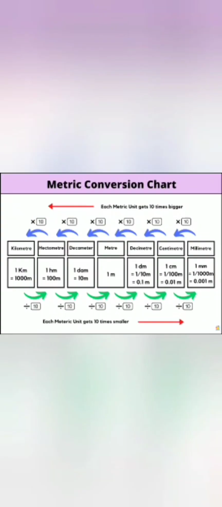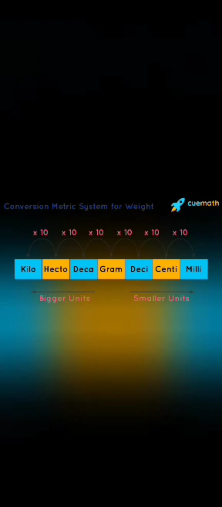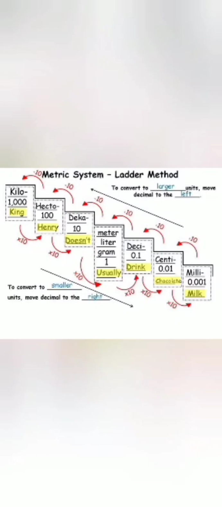Now the metric conversion chart tells us that each metric unit gets 10 times bigger towards the left, while it's 10 times smaller towards the right. So I'm also going to introduce to you the King Henry method of understanding conversion. We have: King Henry doesn't usually drink chocolate milk.